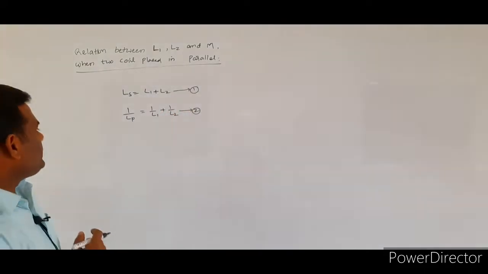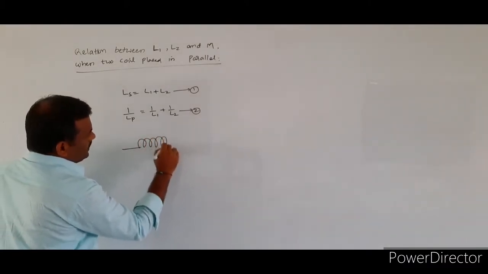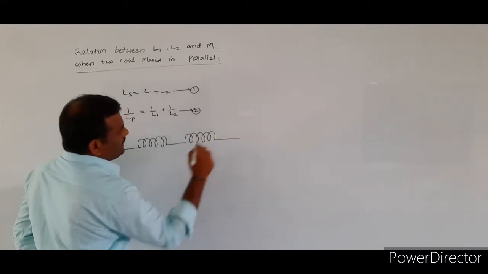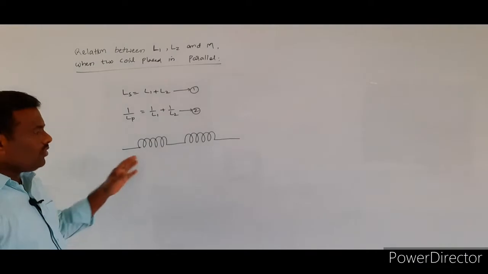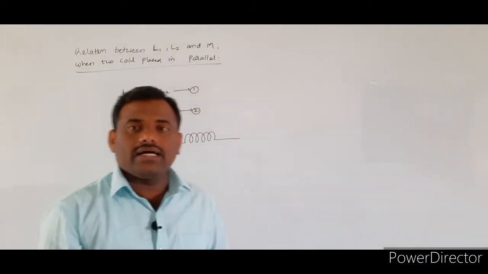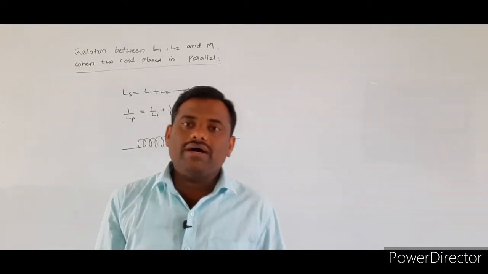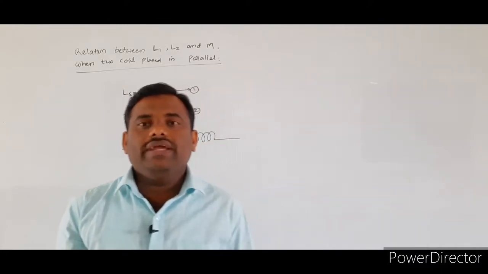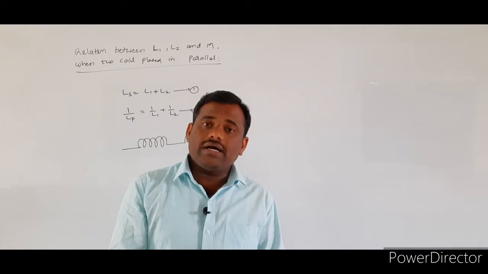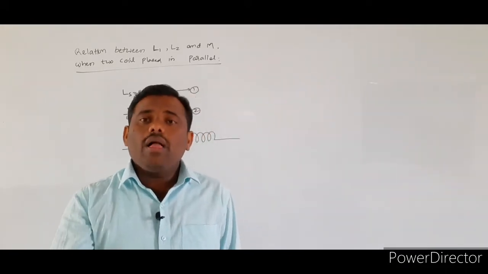And one more special case we also derived. Whenever we consider two inductor coils placed in the series combination, and also consider the phenomenon of mutual induction, there we derived the total flux associated with the first coil due to self-induction as well as mutual induction.